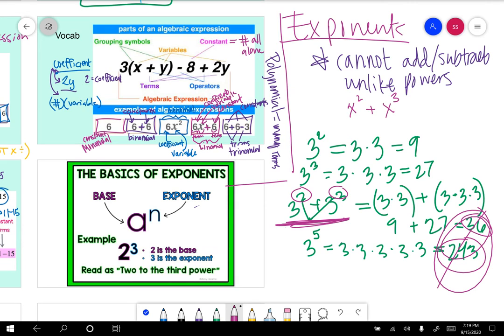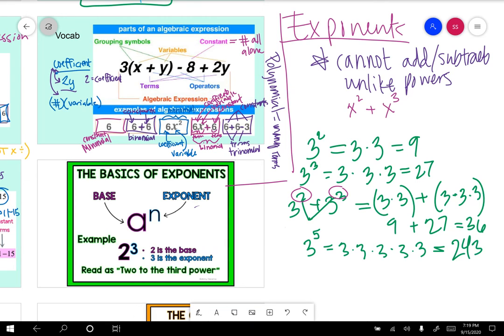This right here, 3 to the second plus 3 to the third, will not give you the same answer as 3 to the fifth. Hopefully that makes sense and didn't confuse you too much, but I wanted to explain the reasoning behind these weird rules.